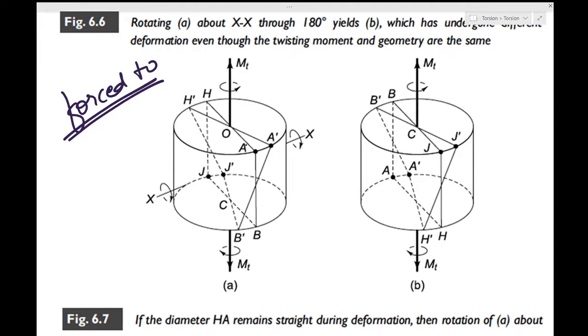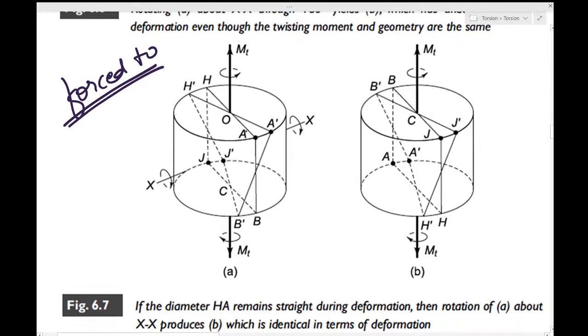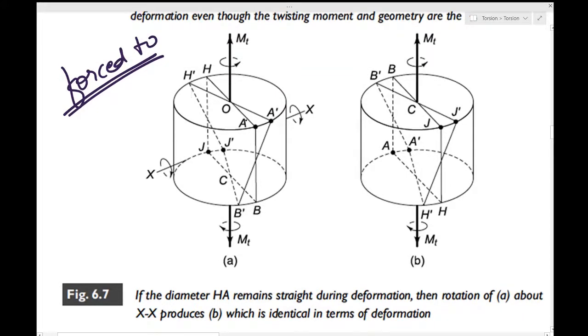Please try to rotate it by 180 degrees, just like you did in the previous case. After this 180-degree rotation, the points have changed, but you see the sense of deformation remains exactly the same, which it should have. So through this we can conclude that the plane surfaces will remain plane during twisting. This is how the deformation will happen.